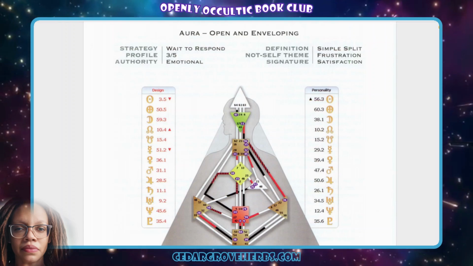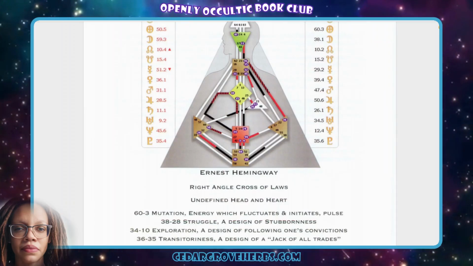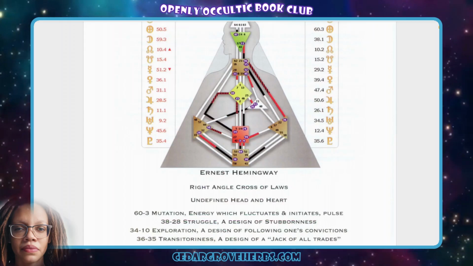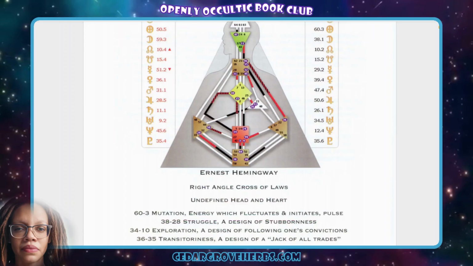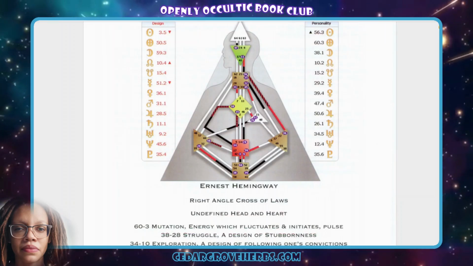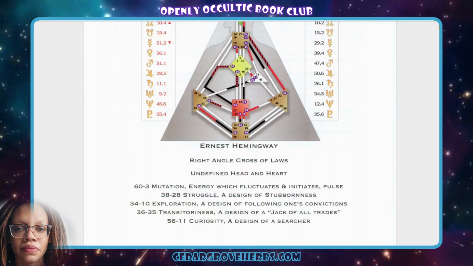So yeah, little things. This is Ernest Hemingway. His incarnation cross was the Right Angle Cross of Laws. He had an undefined heart and head, right? And 4, 5 channels.